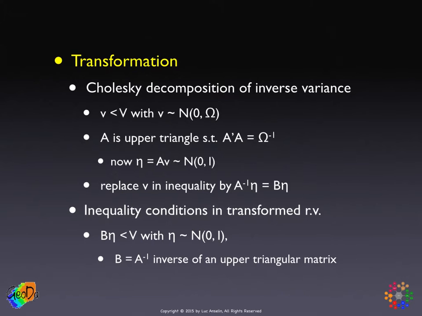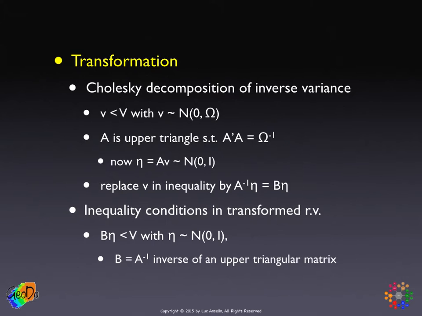You can see this because the variance of eta is A times the variance of V times A prime, and A prime A is the inverse of the variance. So these two cancel out, and we get the standard normal distribution.